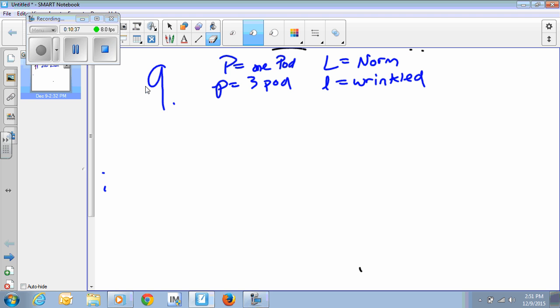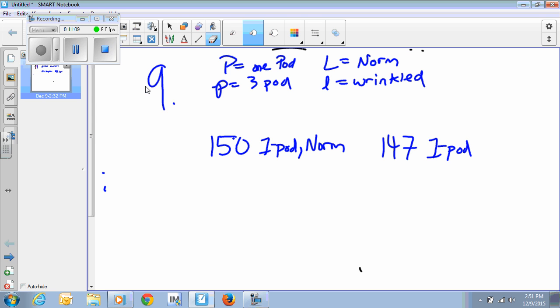Now, you have 2 parents. This one's kind of tricky. It doesn't tell you the parents, but it tells you the offspring. And so let's write down the offspring. In the offspring we have 150, 1 pod normal. And we have 147, 1 pod wrinkle.